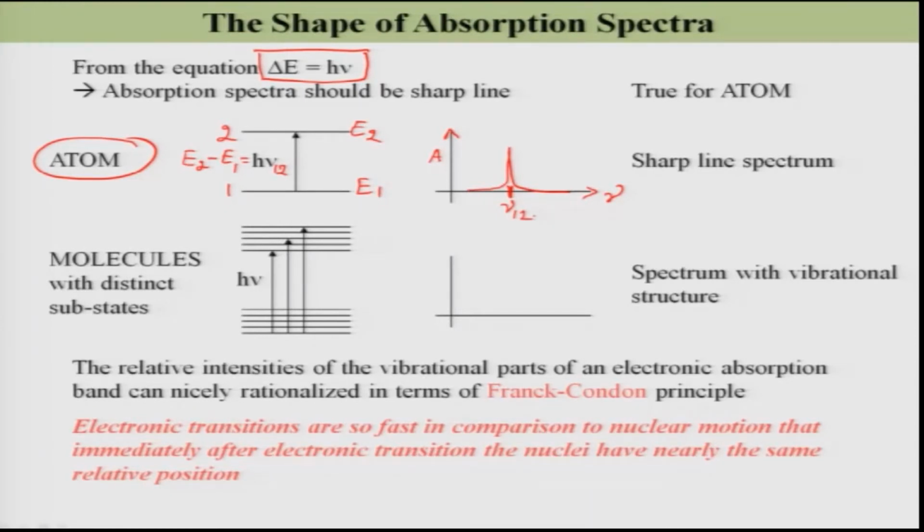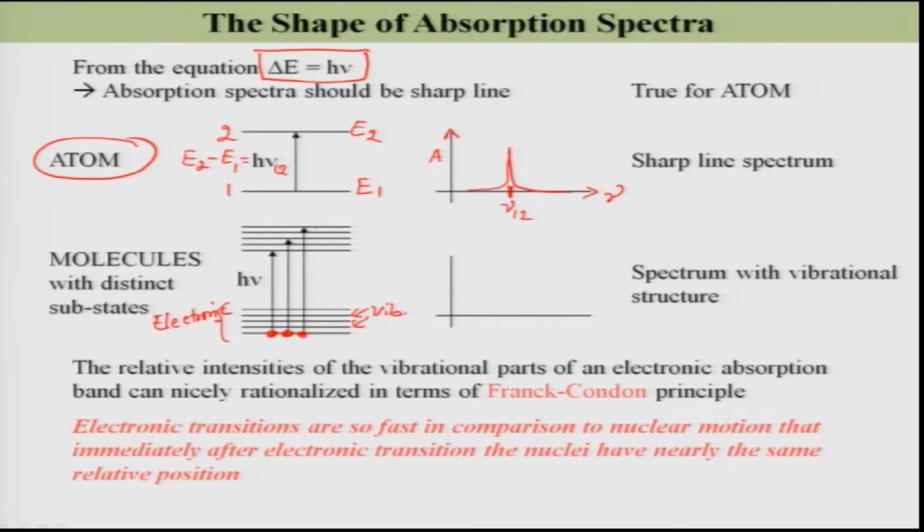Okay. But as I said, molecules consist of many levels. These are the electronic levels, and these are the different vibrational levels. Although initially the molecule stayed over here, it can go to any level if it is an allowed transition.